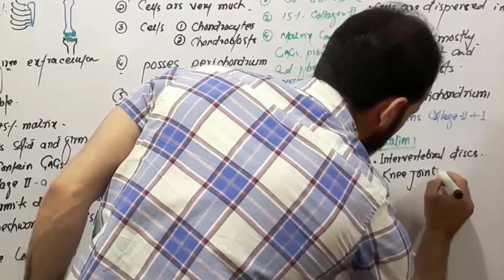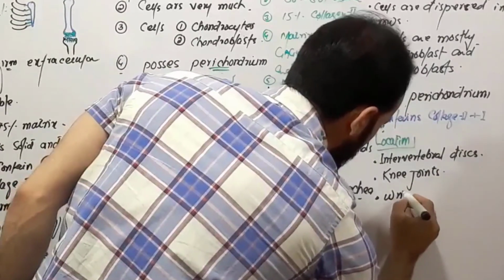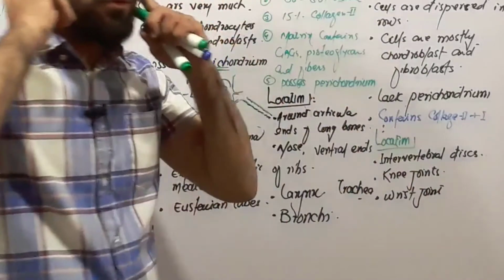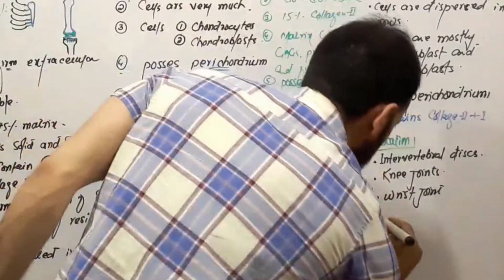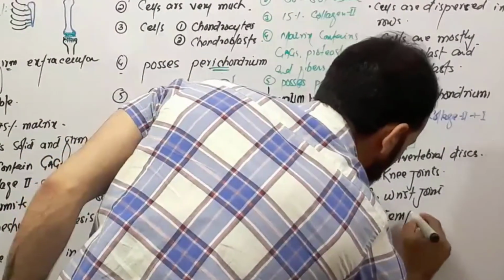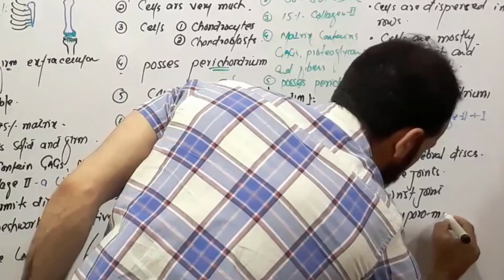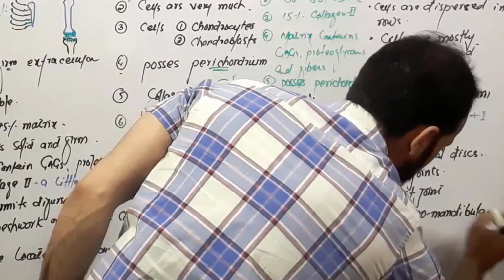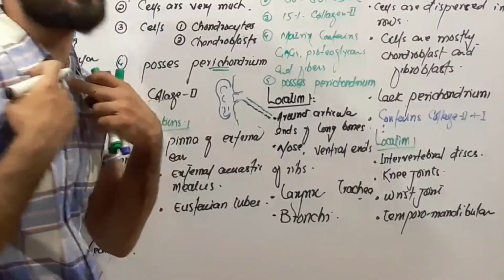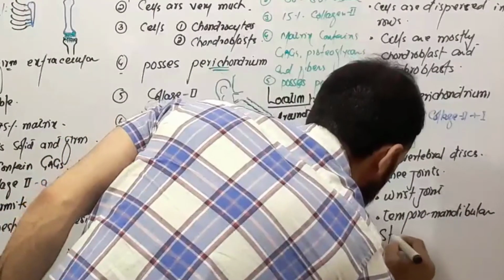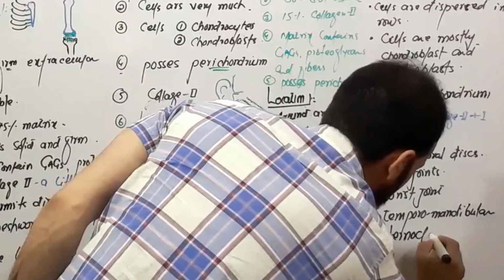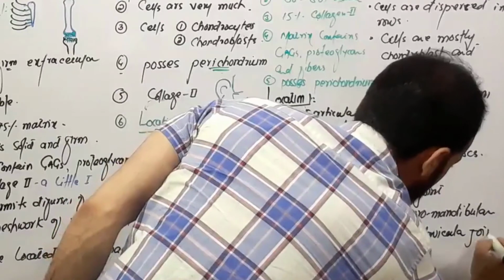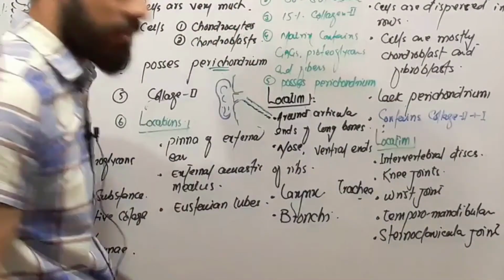They are found in the wrist joint. They are found in the temporomandibular joint here. They are found in the sternoclavicular joint, right here. They are found in the symphysis pubis, right.